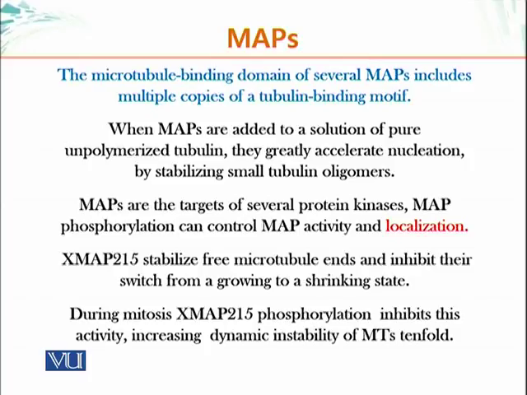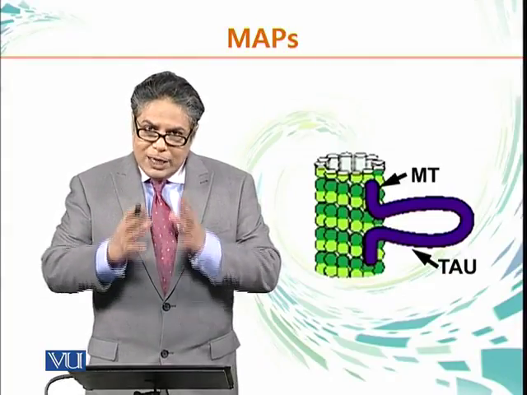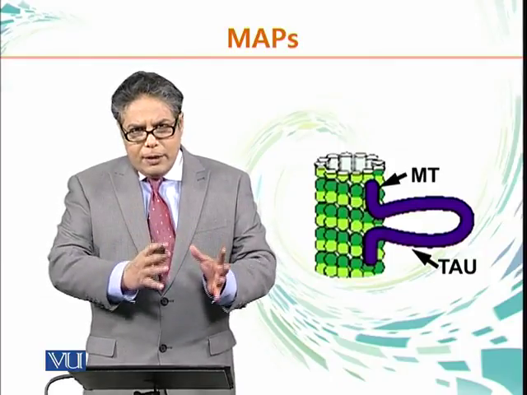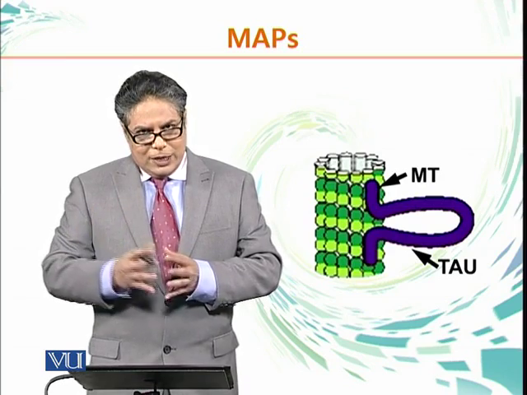This phosphorylation of XMAP215 inhibits its activity, and as a result, the dynamic instability of microtubules increases tenfold. So MAPs play a very important role in organizing microtubules, influencing their dynamic instability, and promoting or inhibiting their interaction with the rest of the cellular machinery.